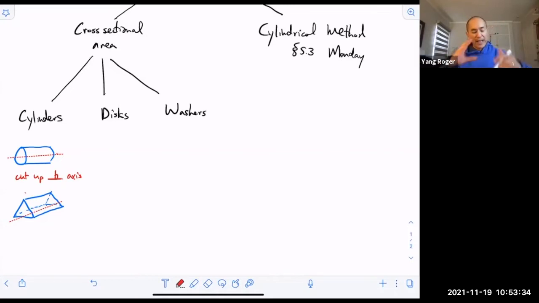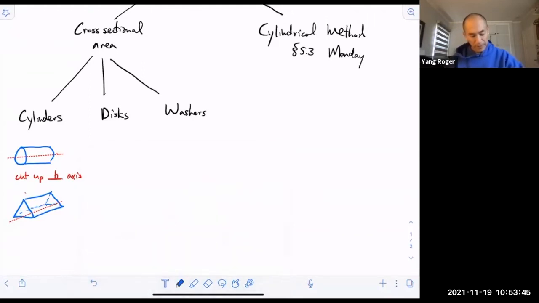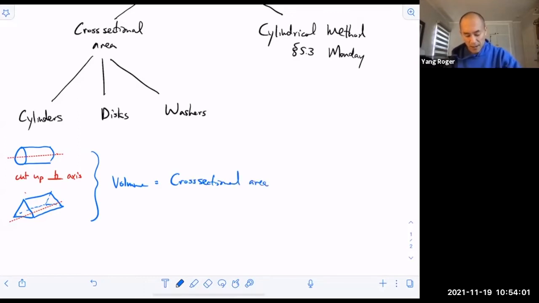So you could really have any kind of shape, but when you're looking at these, the volume for these is equal to the cross-sectional area times a little bit of thickness.